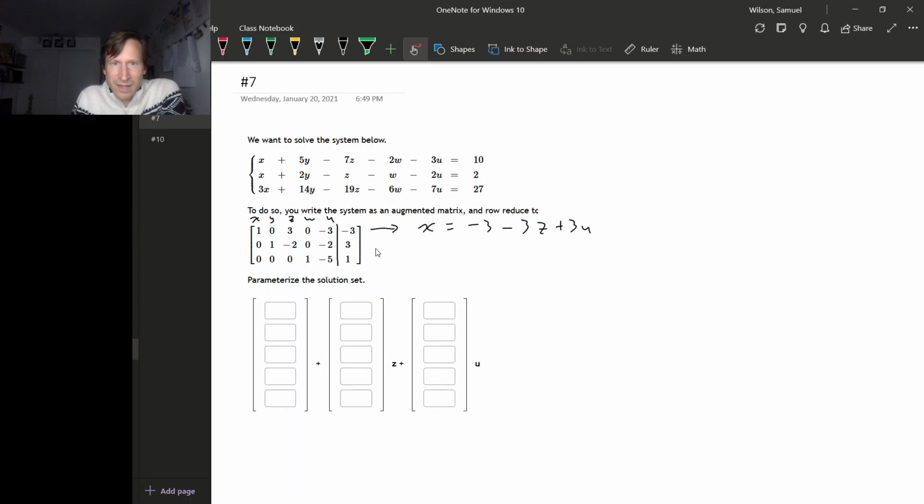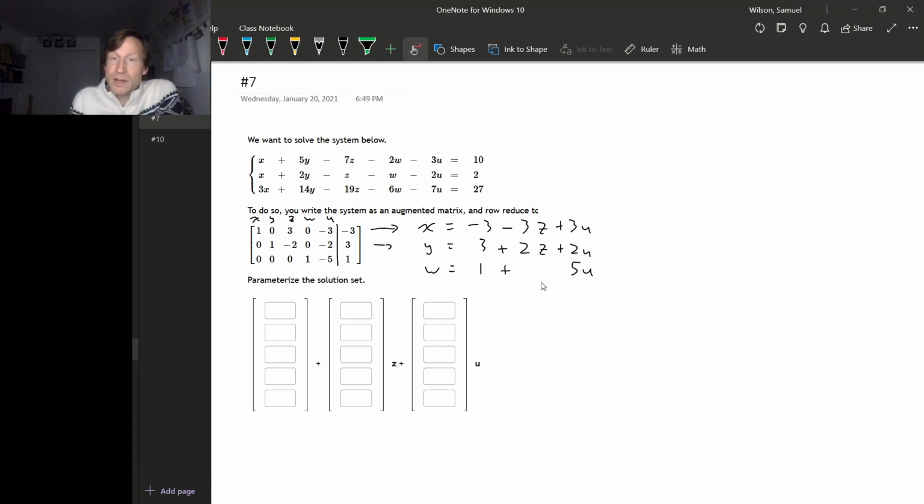And then the second row says that y should be 3 plus 2z plus 2u. And then the third row says that w should be 1 plus 5u.